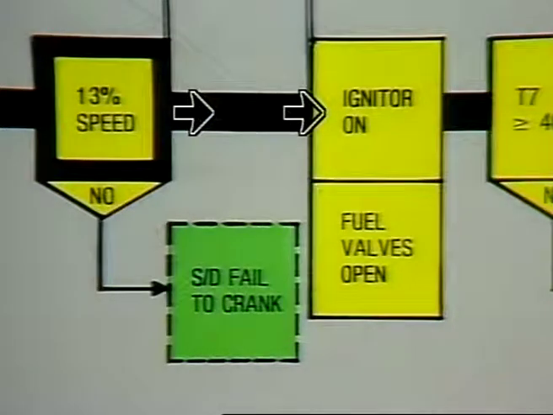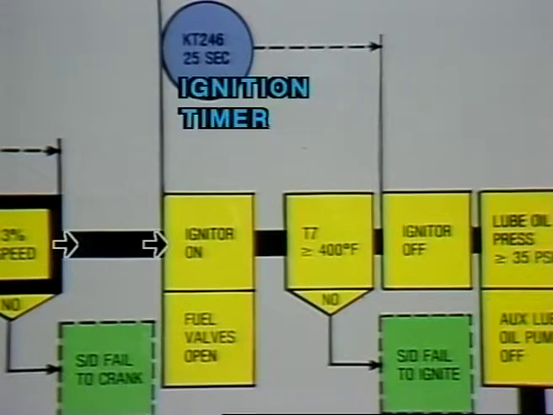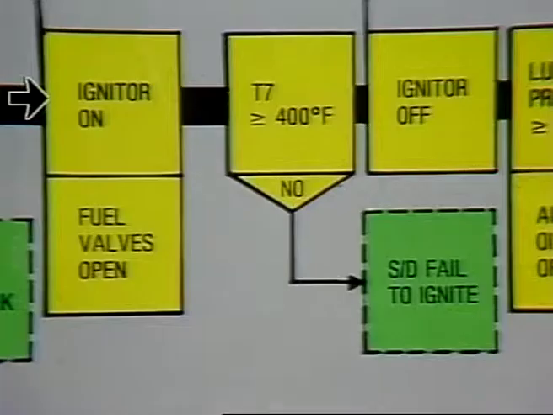At the same time, another timer, KT246, a 25-second ignition timer, begins to time out. During this 25-second timing period, combustion should occur as evidenced by the exhaust temperature reaching 400 degrees Fahrenheit or 204 degrees centigrade. If this temperature was not achieved in the 25-second time period, a failed to ignite shutdown will result.